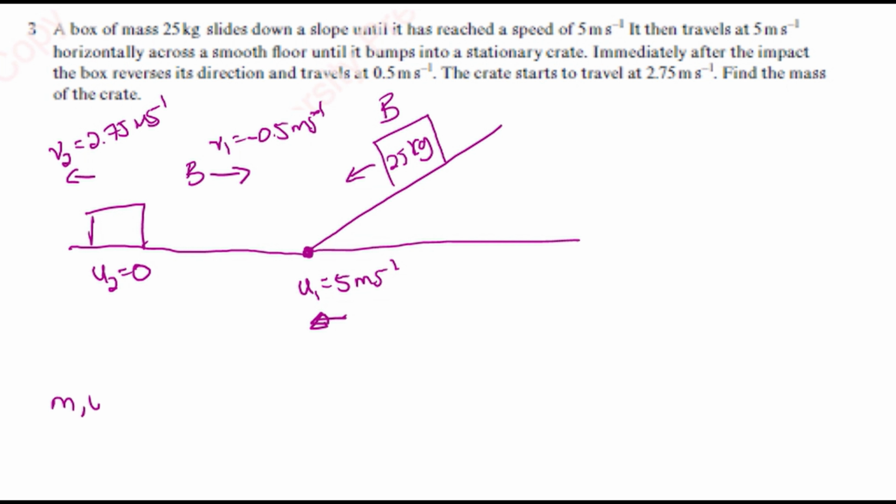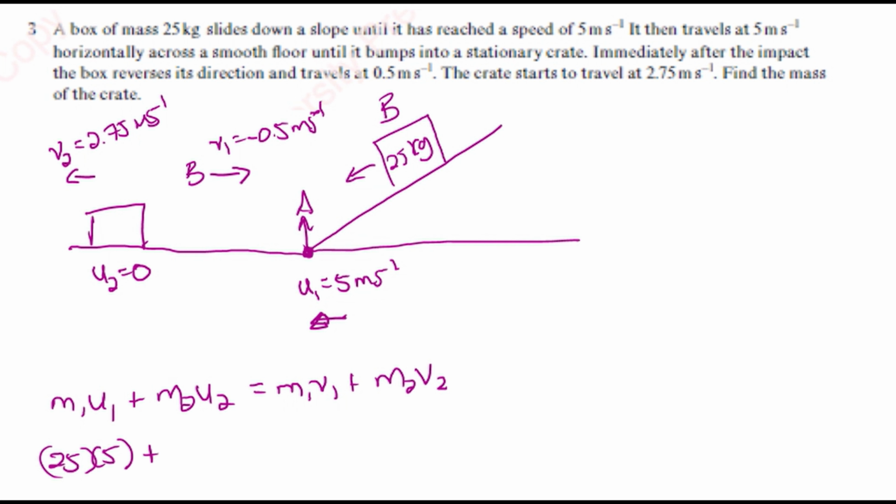So M1 U1 plus M2 U2 equals M1 V1 plus M2 V2. So M1 is 25. At this point, we'll call that point A. The box is moving at 5 meters per second, so its initial velocity is 5.